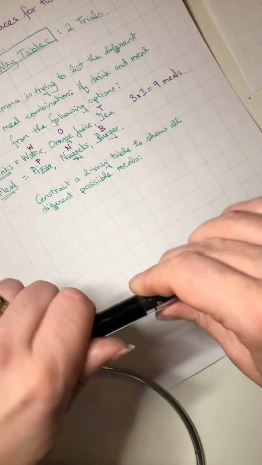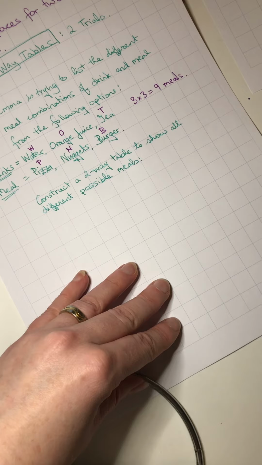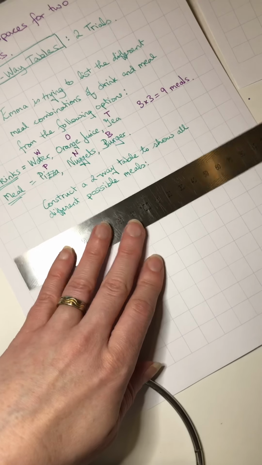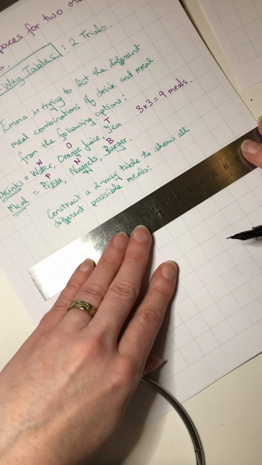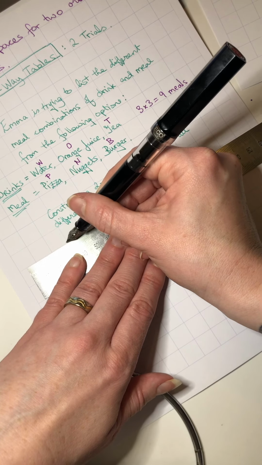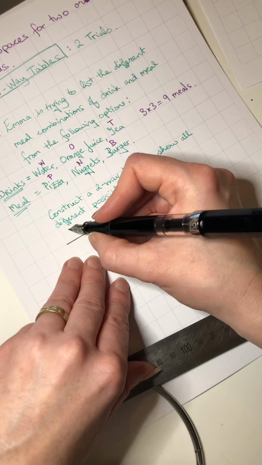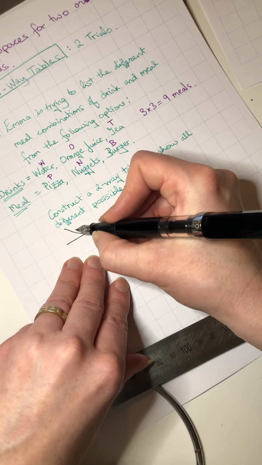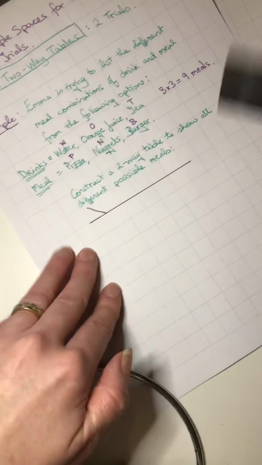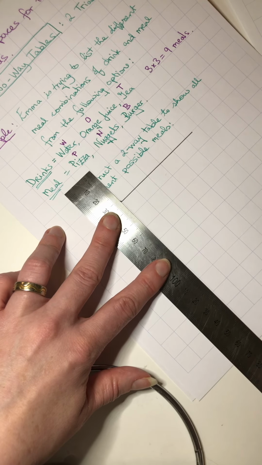Now, a two-way table looks just like a table in Word or Excel. What we have is a header across the top like this, where we put in one of the things. So what we're going to do is put our drinks going across the top. Let me just do the column going down as well first.